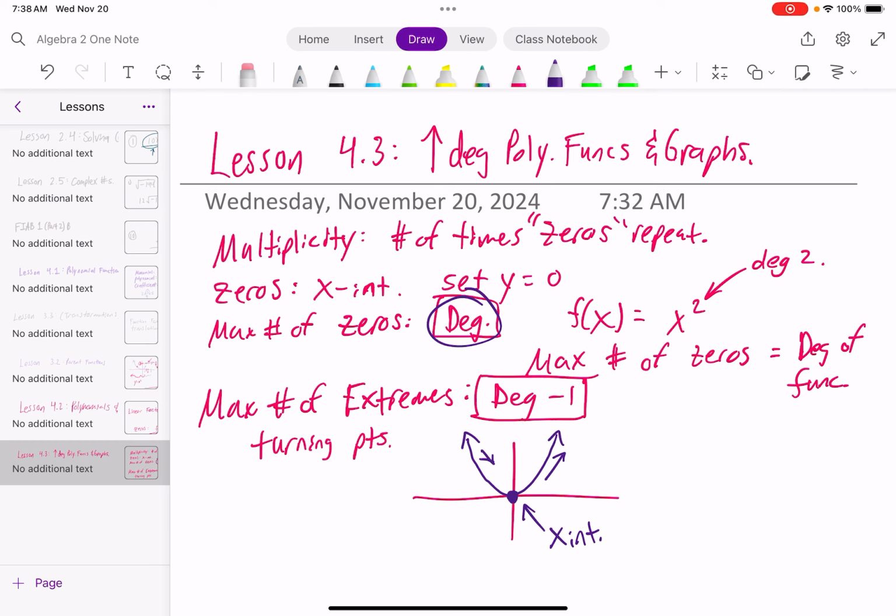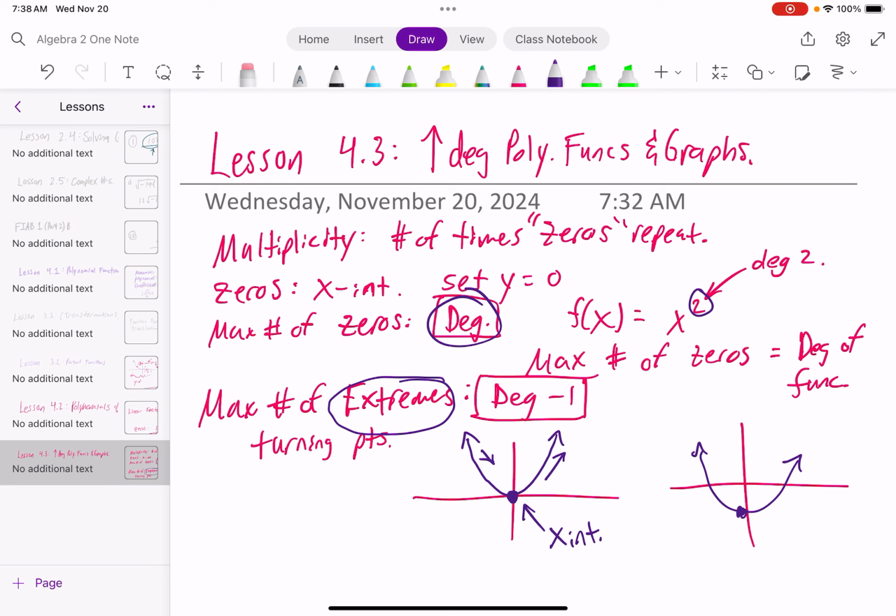So if my graph would instead look like this, as you can see, it still only has one turning point, right? It has one extreme, because the degree is 2, and 2 minus 1 is 1.